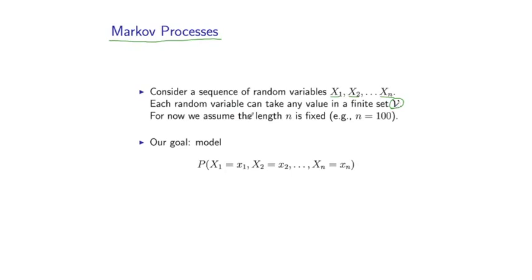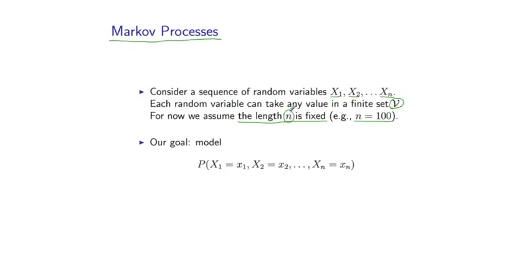And for now, we'll assume that the length n is fixed. So every sequence has the same length. For example, we might have every sequence having length 100. We'll first cover this case where the length is fixed, and then we'll go on to generalize this to allowing n to vary, allowing the value for n to itself be a random variable. But for now, n is fixed.